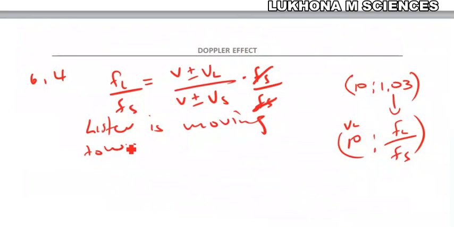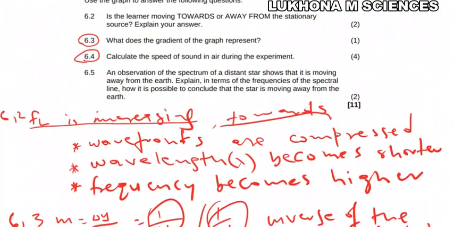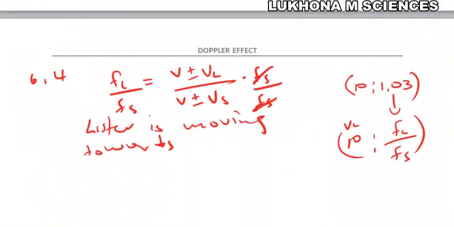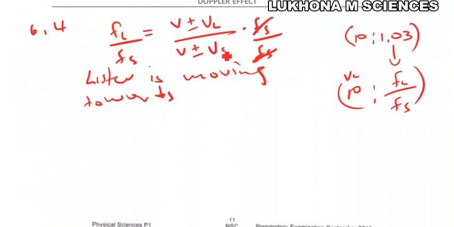The listener is moving towards, meaning the source is not moving. Then we have FL over FS, which is equal to V, the one we're looking for, plus VL, divided by V, because VS is 0.